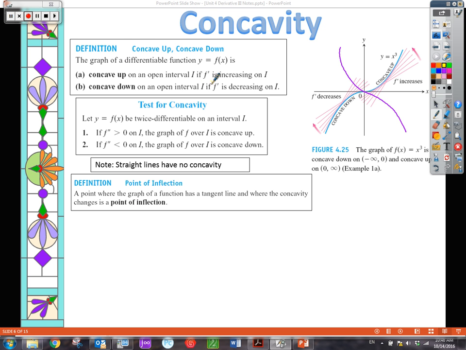Concave up says that the first derivative is increasing. So here we would be really negative, and this is less negative. Let's say like negative 100, negative 10, negative. You see how the values of the derivative are getting larger? The values of the derivative are increasing. Are we okay with that definition?